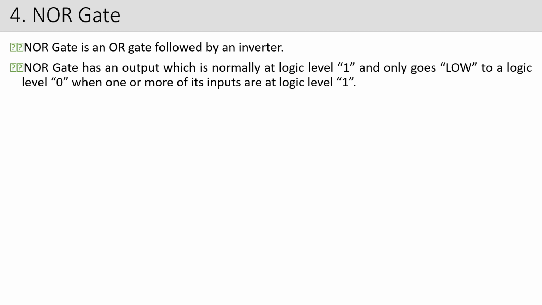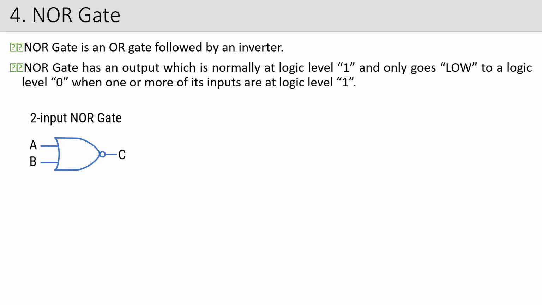Means in the case of a NOR gate, if both inputs are high or any one of them is high, you will get logic level 0. Clear to the students? So this is a 2 input NOR gate.